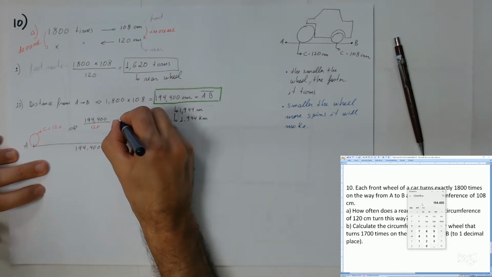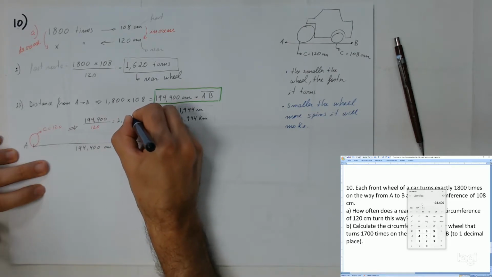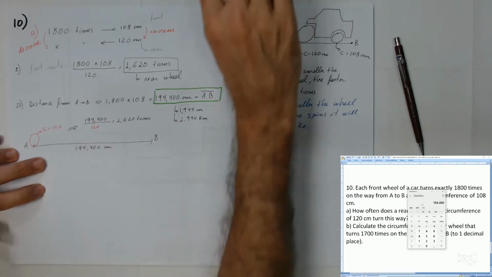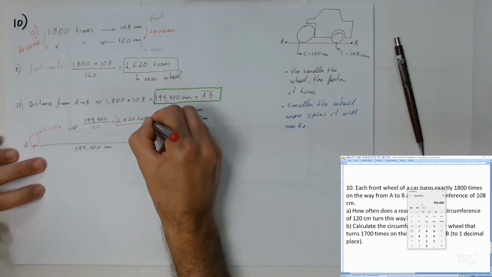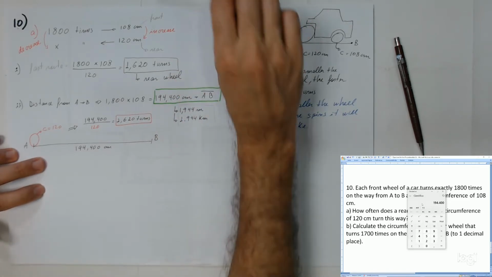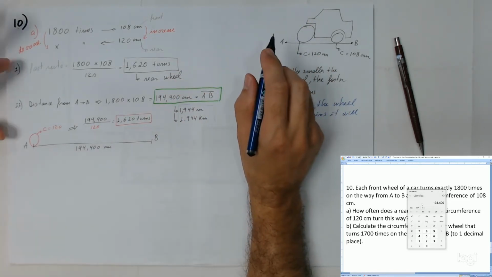And this is going to be 1,620 turns. Okay? Which is the same answer we got in here. No problems? So this is the fast route.